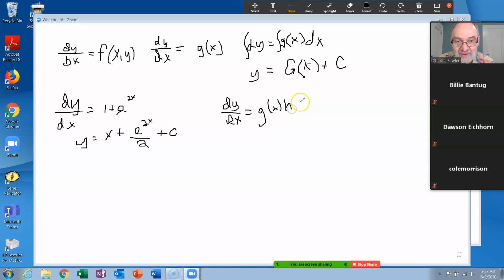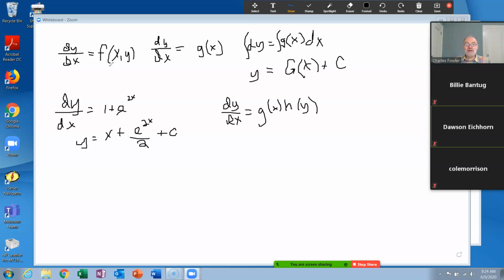If you can figure out some way to write that f function up here as a product function that's strictly x's times something that's strictly in y's.